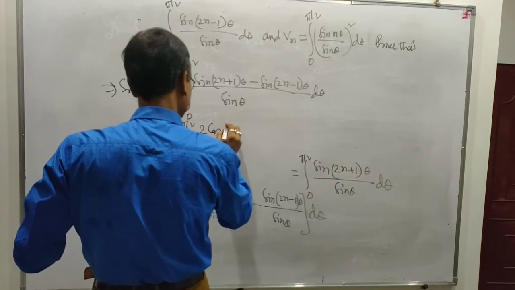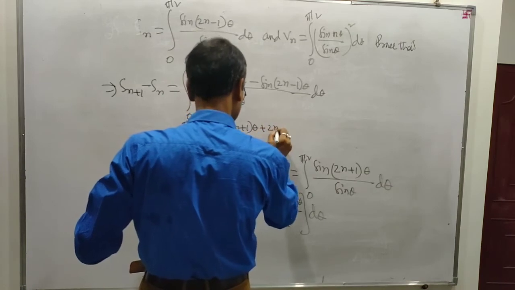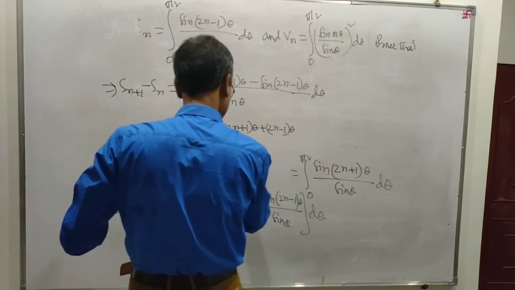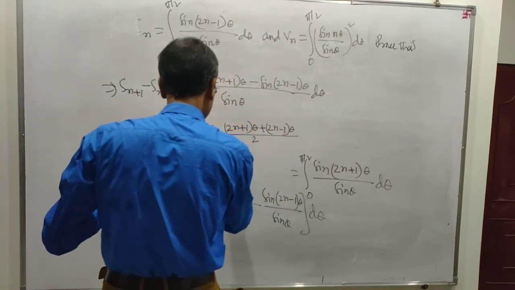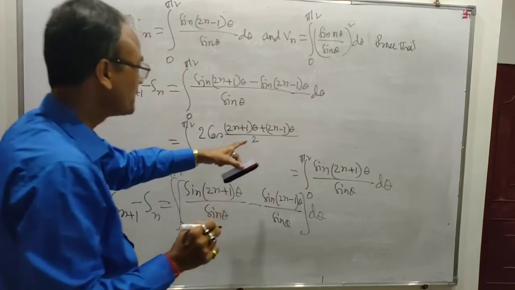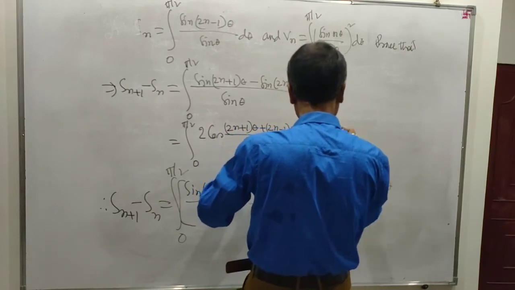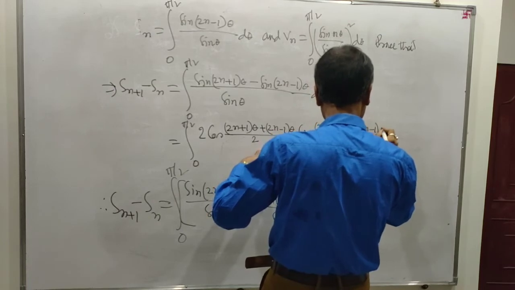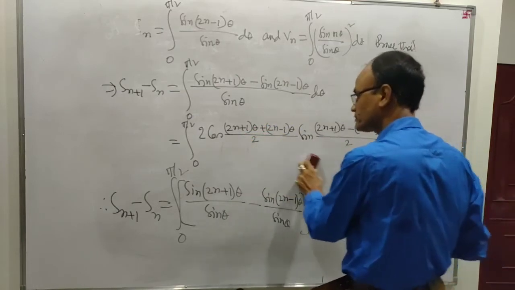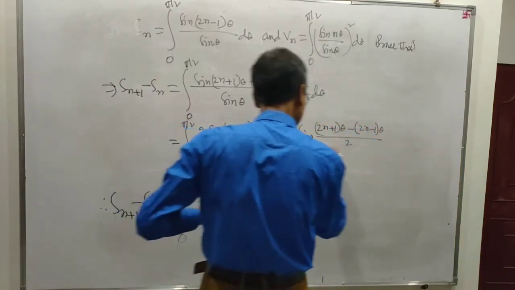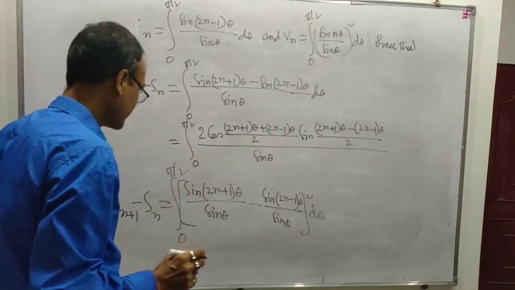Twice cos c plus d by 2 into sin c minus d by 2. And here you will get it is sin theta.